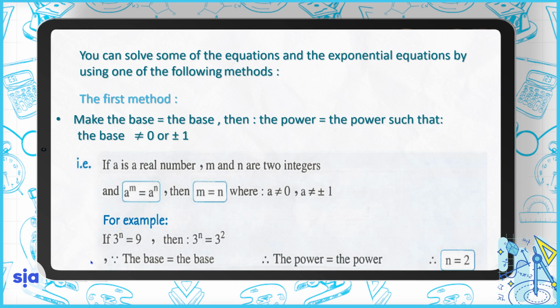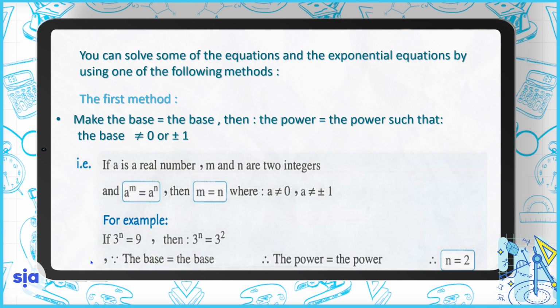If a is a real number, m and n are two integers, and a power m is equal to a power n, then automatically m is equal to n, where a cannot be equal to 0 or positive or negative 1. For example, 3 power n equals 9, and 9 is 3 power 2. If the base is equal to the base, automatically the power is equal to the power.